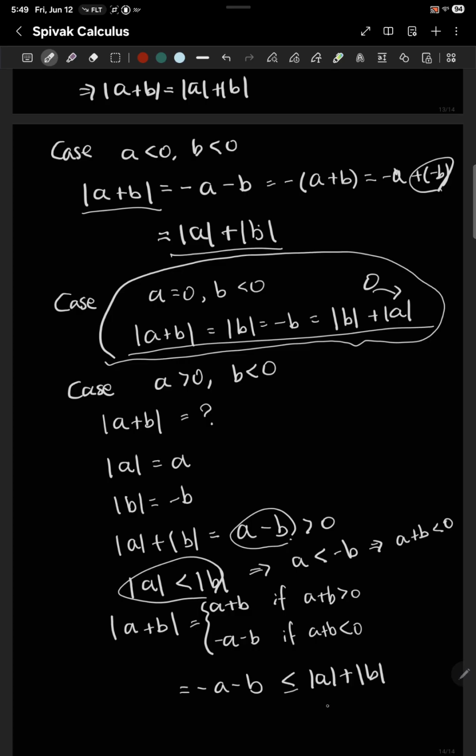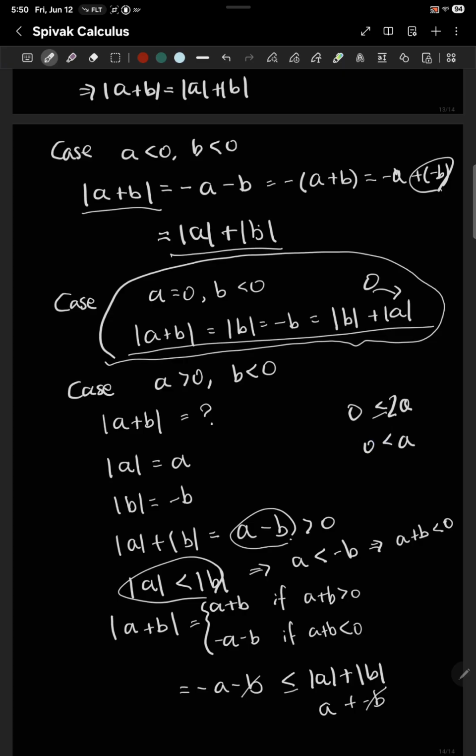Well, let's see. A is A, and the absolute value of b is negative b. So we can remove this, and 2a is greater than 0. So a should be greater than 0.